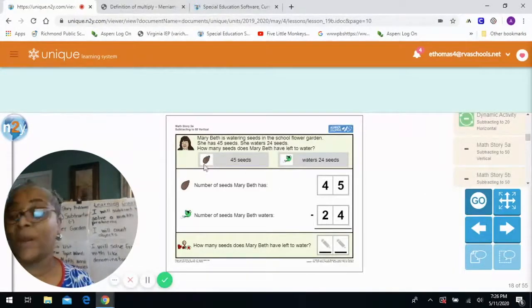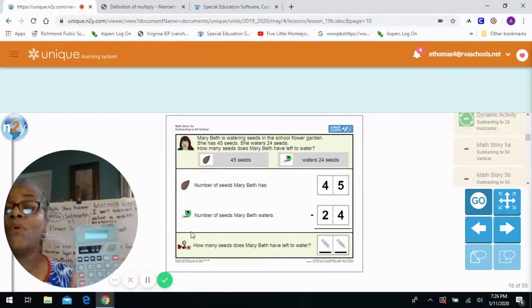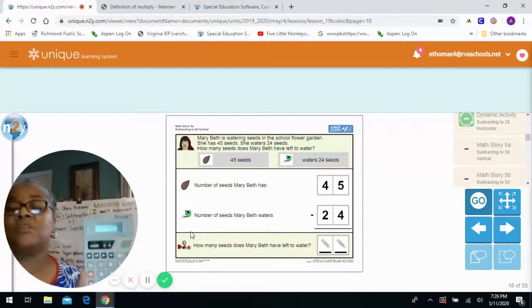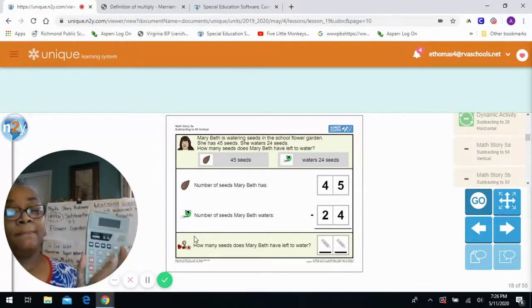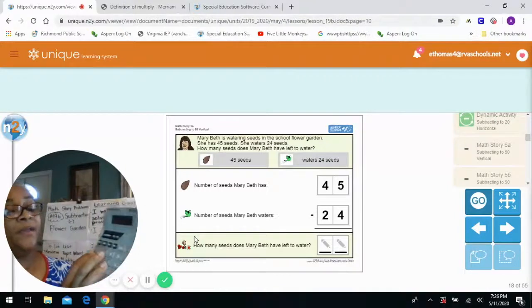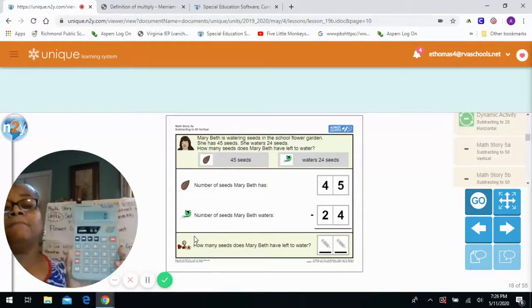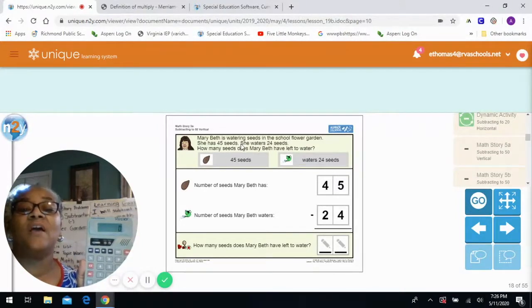Okay. Let's do this one. Remember last time we were working with the calculator. What I want you to do is get your calculator because this is a little more. This is subtracting with 50. So let's turn it on and hit our clear button. Okay, it says Mary Beth is watering seeds in the school flower garden. She has 45 seeds. She waters 24 seeds.